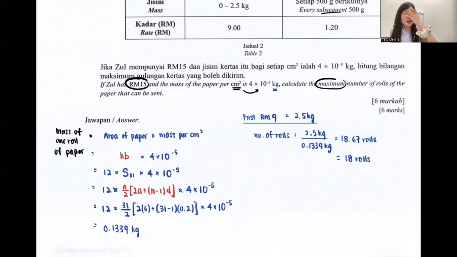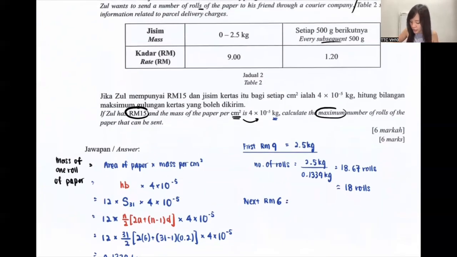After the first 9 ringgit, I actually have 15 ringgit, so 15 ringgit minus 9 ringgit, I get the next 6 ringgit. 6 plus 9, total 15 ringgit, correct? 6 ringgit can be how many kg? Now look, 6 ringgit, you need to divide by 1.2. So 6 divided by 1.2 is 5 of the 1.2, and every single 1.2 is 500 gram.